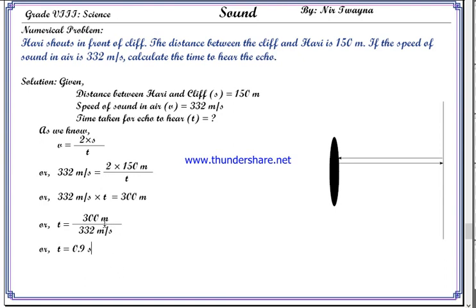Or you do not need to calculate for units. You know that SI unit of time is second, so you can directly give the unit. Now you can give the conclusion. Therefore, Hari hears the echo after 0.9 seconds.